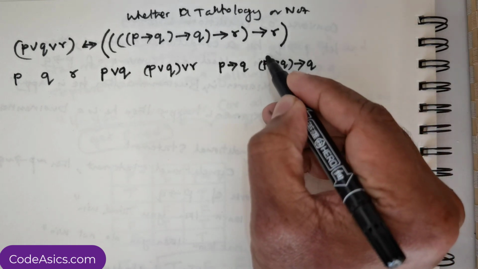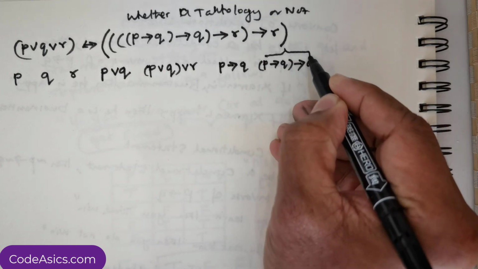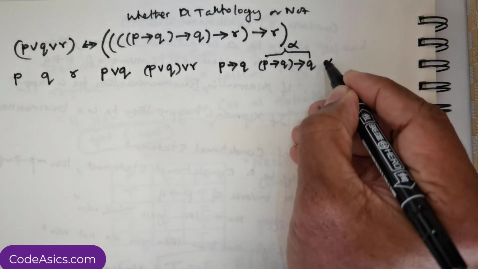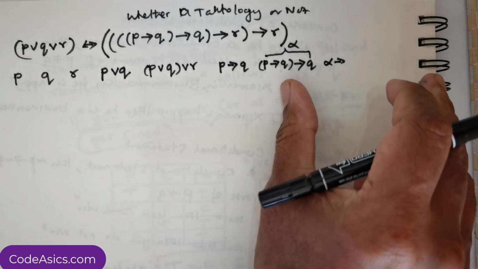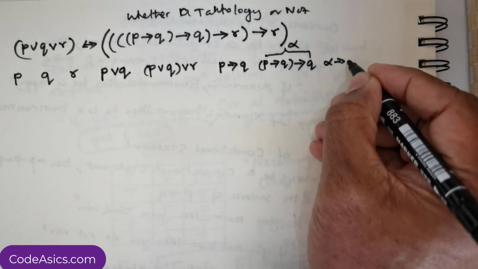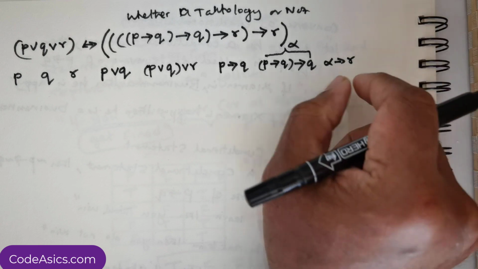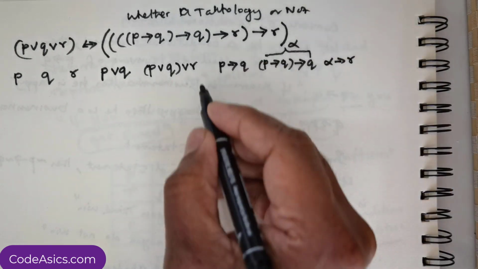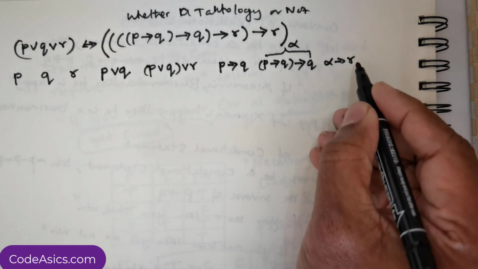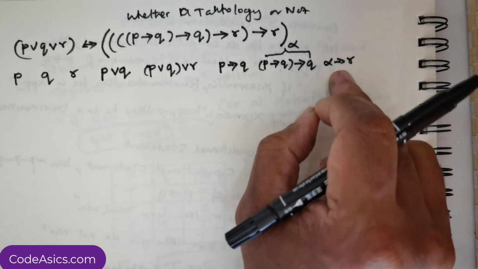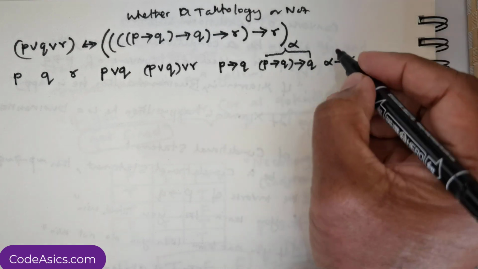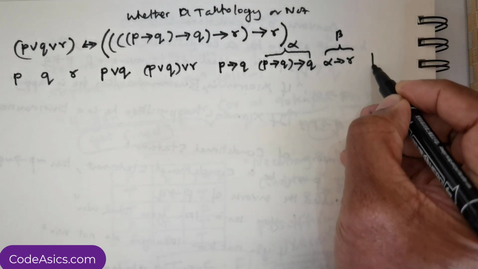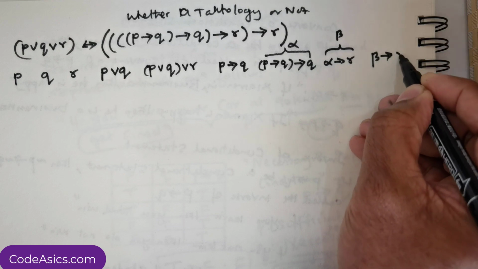Let me consider this entire quantity as alpha, and this alpha will have to, because we don't have space, be checked for alpha conditional R, and after getting this we will have to check. If I were to take this as beta, then finally I will have to say beta conditional R.